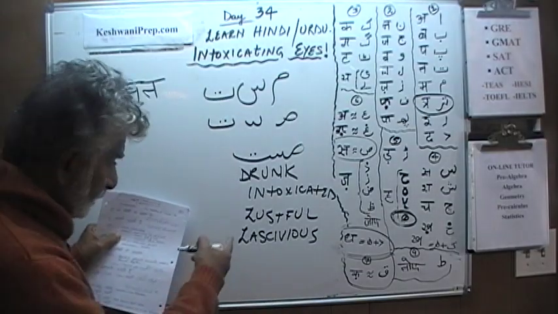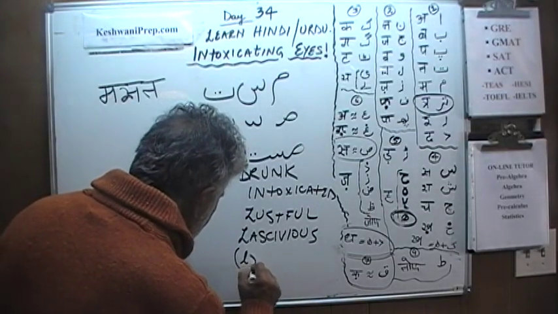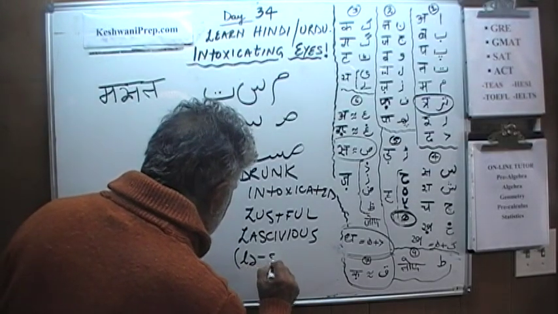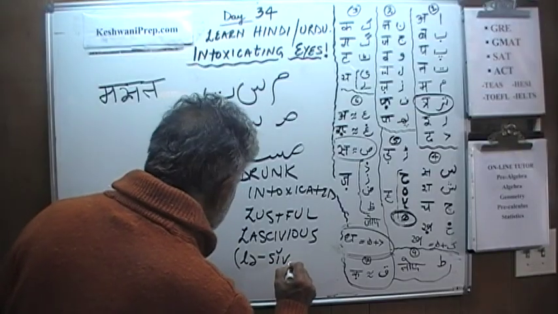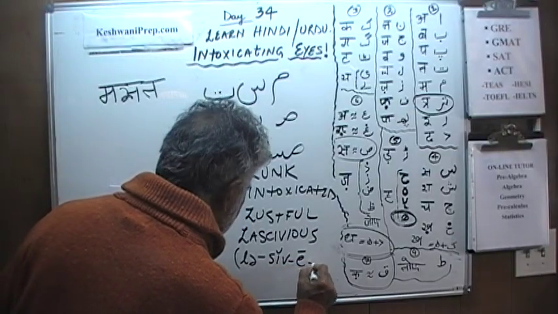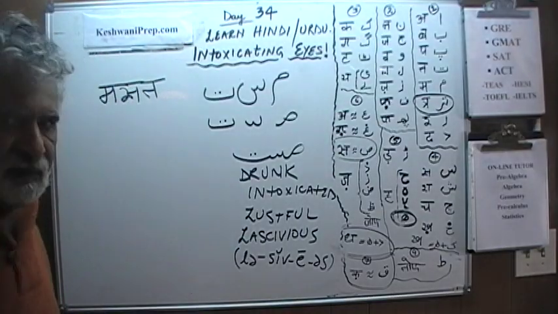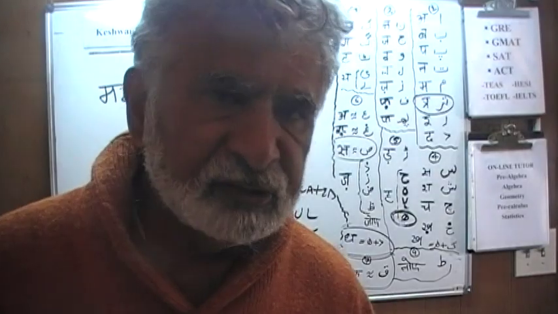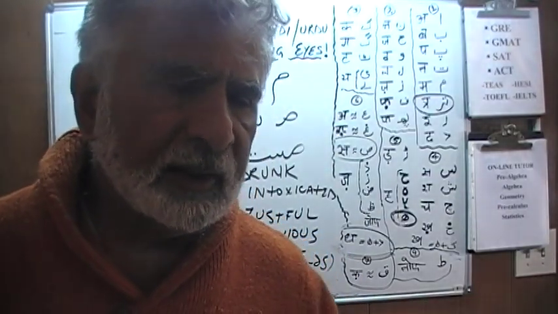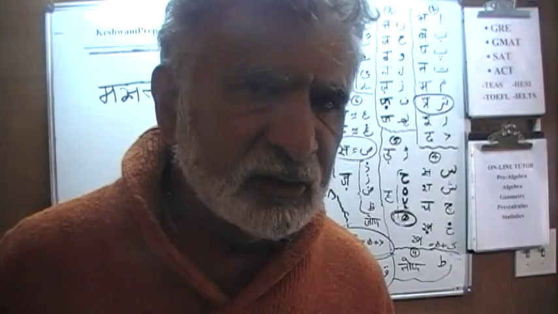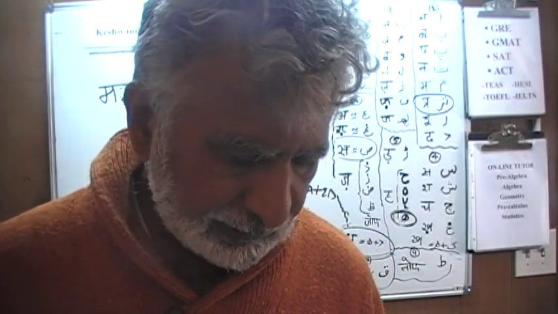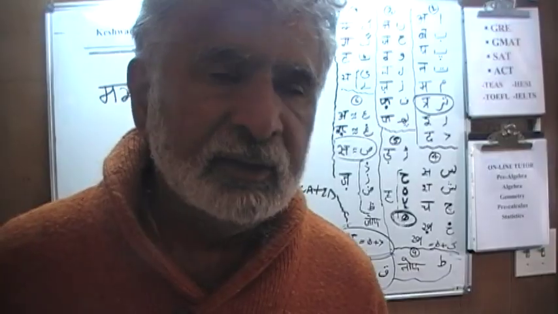I'm going to put down the pronunciation of this particular word. The first syllable is la. La, safe, e, us. Lascivious. Lascivious means lustful. When you're looking at a female in a very lustful, in a very sexual way, that's called must. Must nazar.